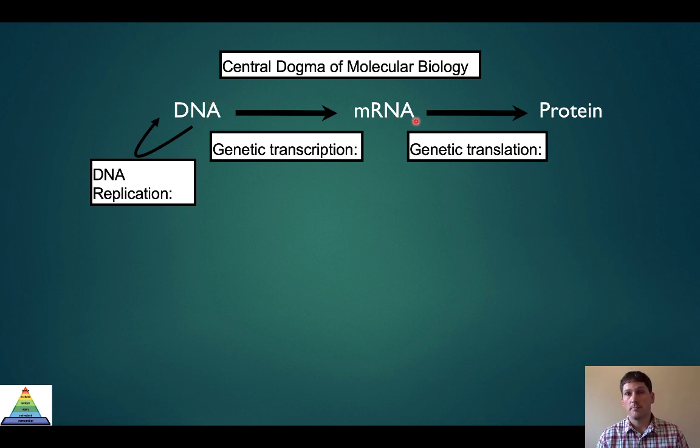That mRNA leaves the nucleus, goes to a ribosome, where it is translated using transfer RNA and amino acids, and we create a protein. That protein then goes to the rough endoplasmic reticulum, to the Golgi apparatus, and then it's distributed around through the cell.